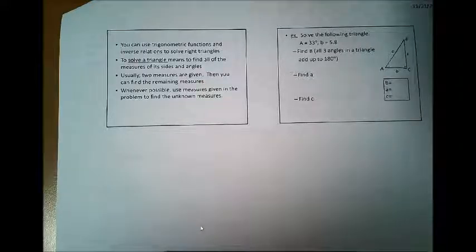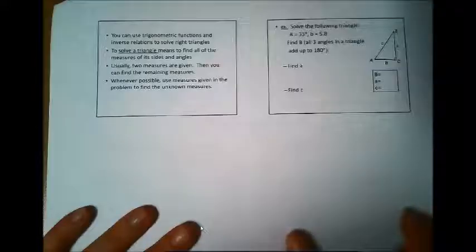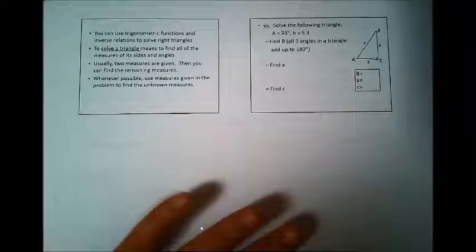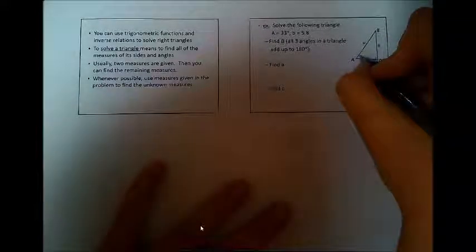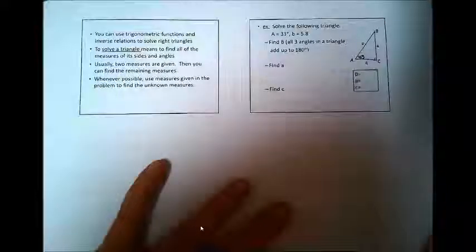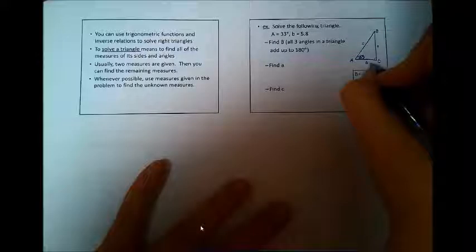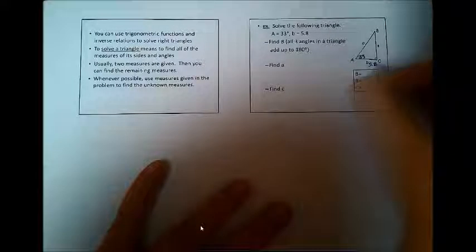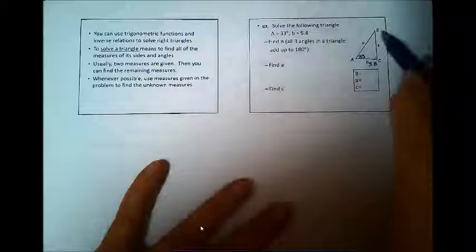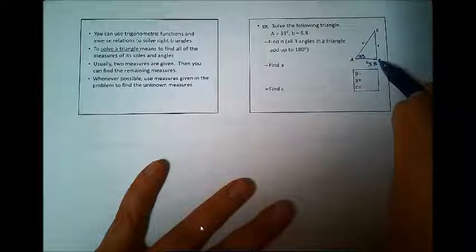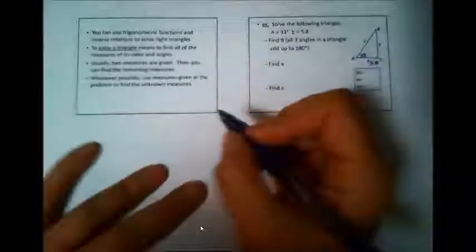Use the ones that they give you. So let's do one. Solve the following triangle. A is 33. Little b is 5.8. Find capital B.